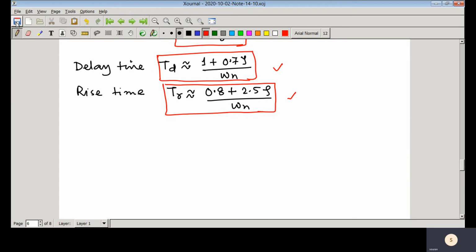Here we have seen four different cases: when zeta varies from 0 to 1, that is the underdamped case; when zeta equals 1, the critically damped case; when zeta equals 0, the undamped case; and when zeta is greater than 1, the overdamped case. Now we will look at the location of the poles in those four cases. So let us see the step response.